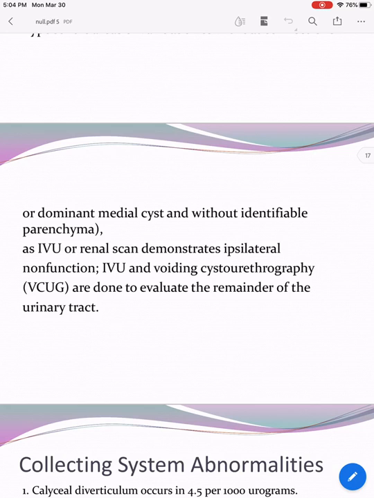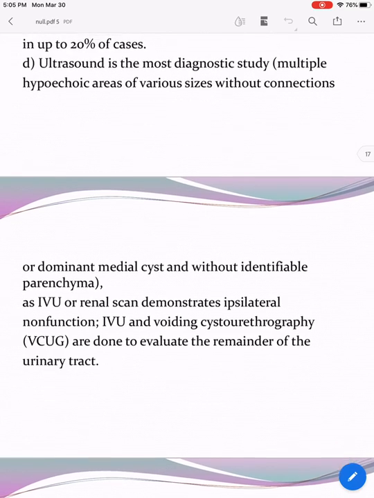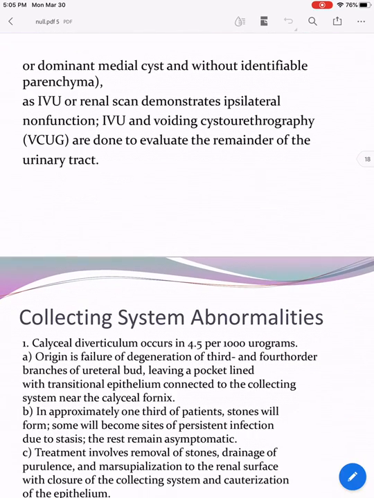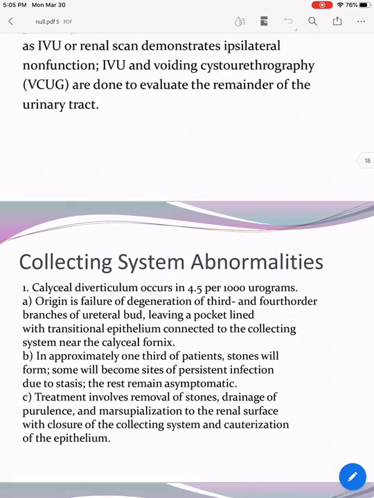If we notice that the mass is increasing in size or becomes symptomatic with severe pain, or the child is having screaming attacks, or recurrent gross hematuria, or there is evidence of gross or heavy proteinuria, or when there is a risk of malignant transformation. So these are the indications for intervention in a patient with multicystic dysplastic kidney.